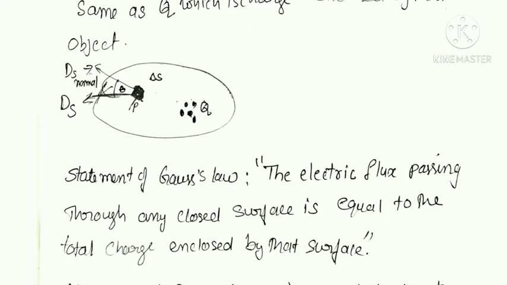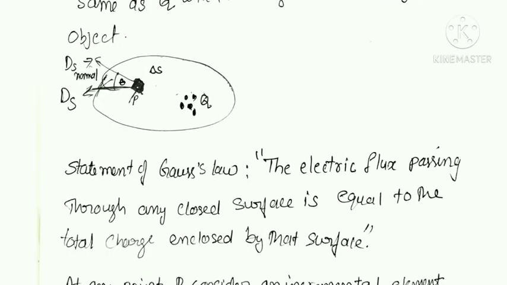Now if we consider an imaginary sphere around the charge, it may be one charge or a number of point charges, or it may be any charge like line charge or volume charge. If we consider an imaginary surface around the charge, then the total electric flux passing through the surface is equal to the charge enclosed within the surface.